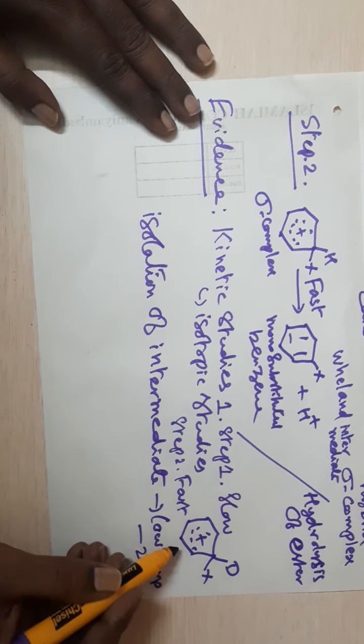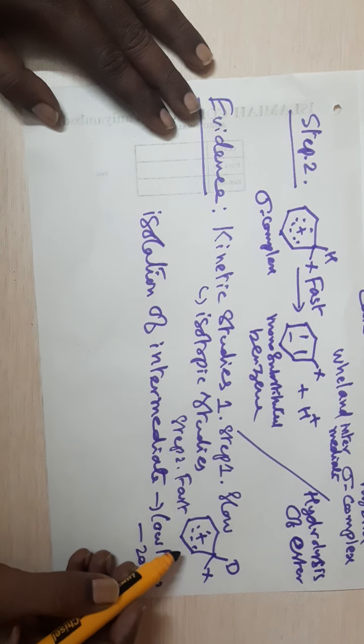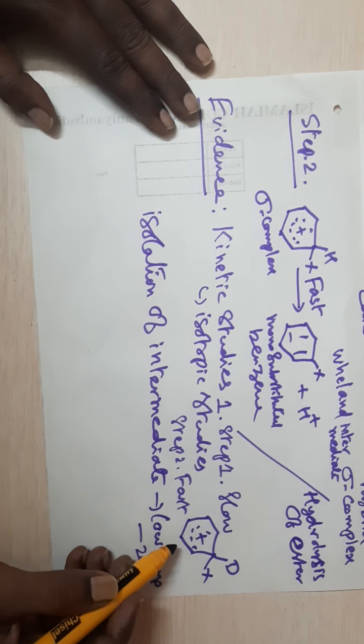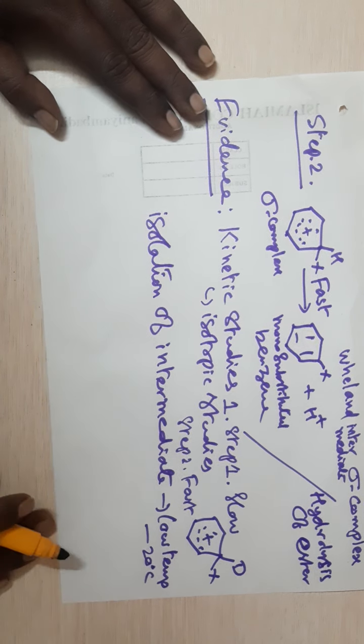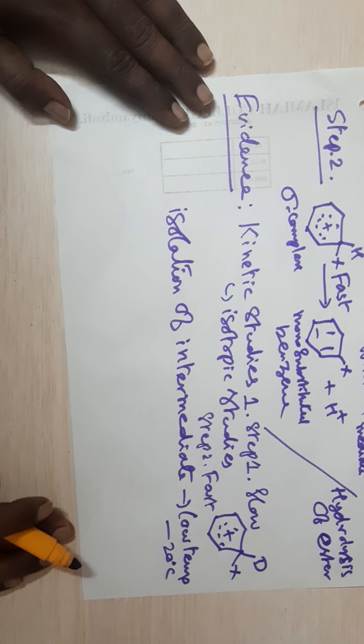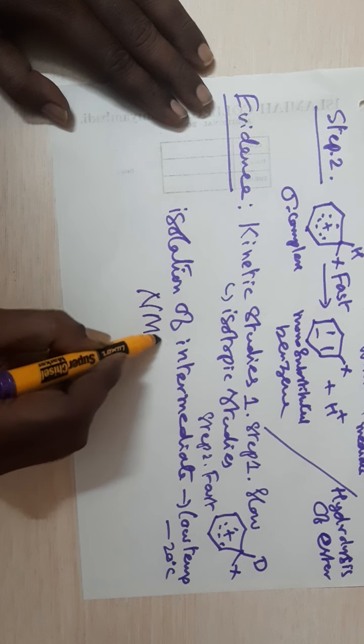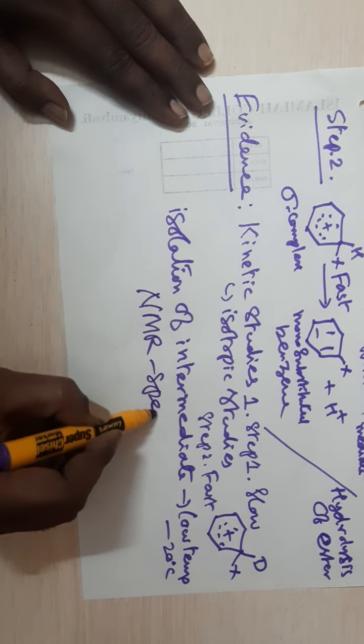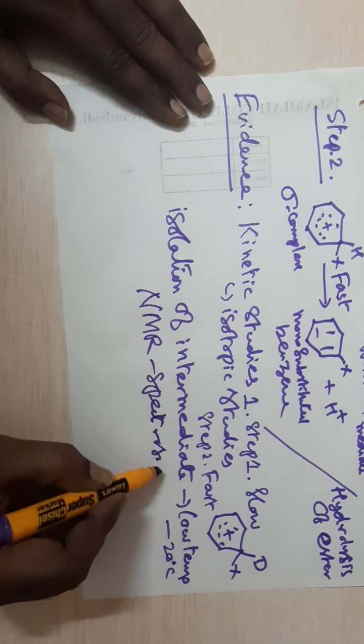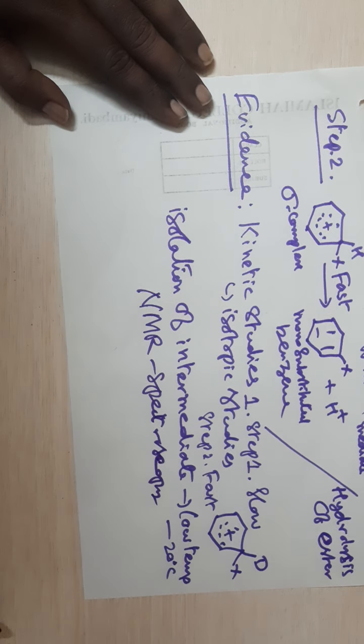If the sigma complex, resonance hybrid or valent intermediate is isolated at low temperature, it can be structurally studied by NMR spectroscopy, nuclear magnetic resonance spectroscopy. You are able to study the structure of the intermediate.